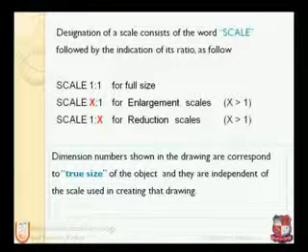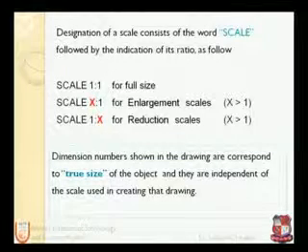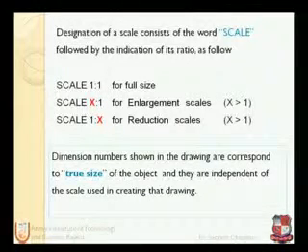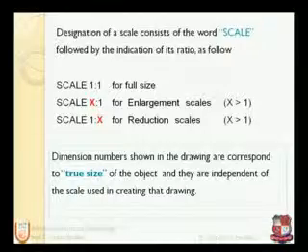So the dimension shown on the drawing, here it is very important to understand these terms, the dimensions. Students always make mistakes when they use the terms scale and dimension. They tend to think that the dimension also needs to be reduced on the drawing. It is not like that.